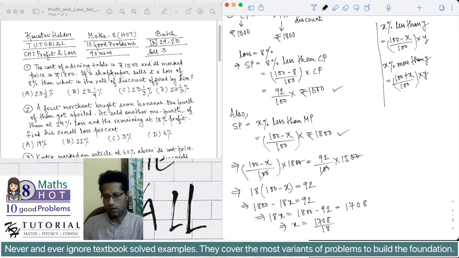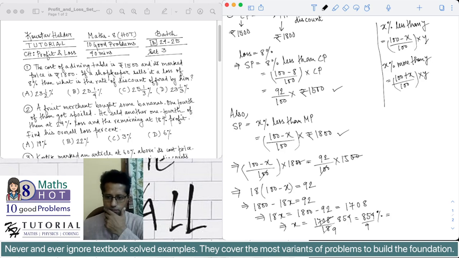No. So 2, 9, and 2, 8, 5, 4. So 854 by 9. x is 854 by 9 percent. Now this is an improper fraction, 854 by 9.